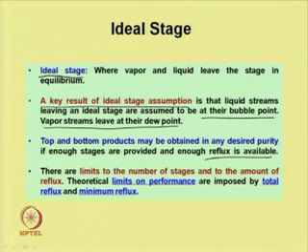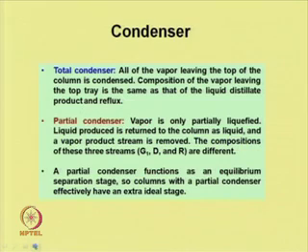These are called theoretical limits on performance: total reflux and minimum reflux. The number of stages is fixed by these 2 parameters. We will consider this later when we discuss these 2 limits.